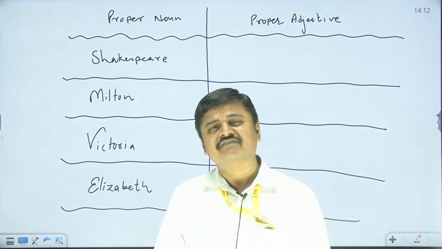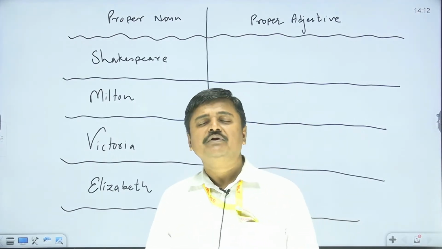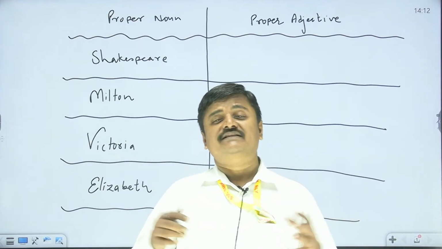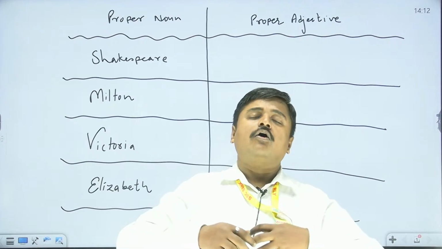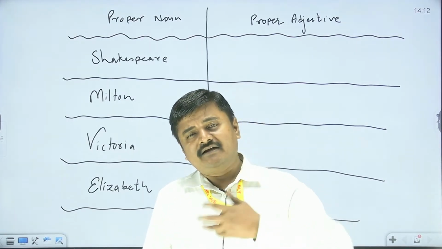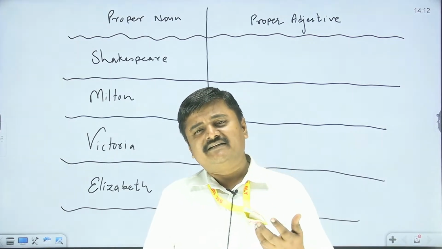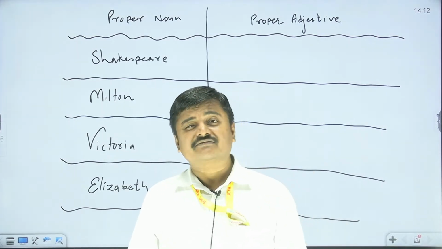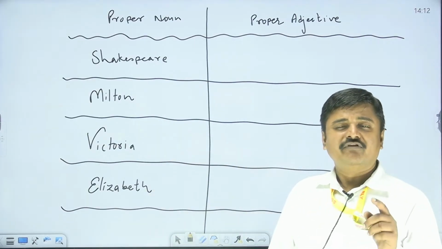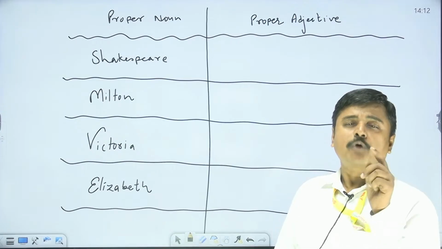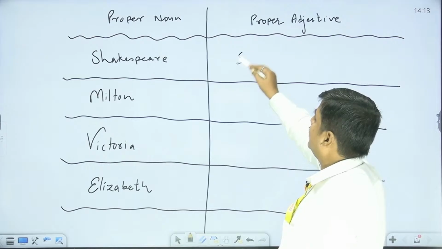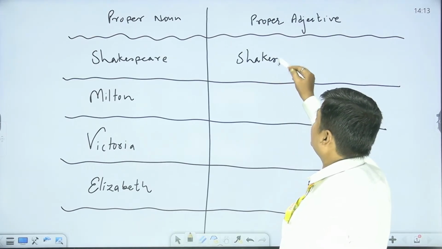It must have some universal appeal, a universal connection, so that they produce their own aura, their own characteristics that stick to them. That's what is actually necessary. Only then it will be turned into a proper adjective. Like Shakespeare, we can form a word like Shakespearean.